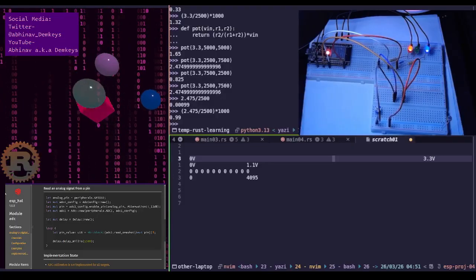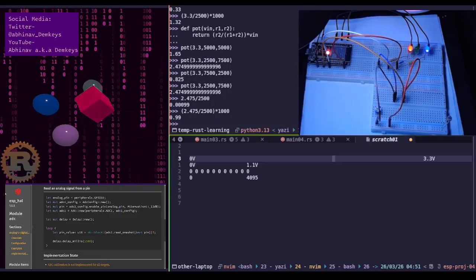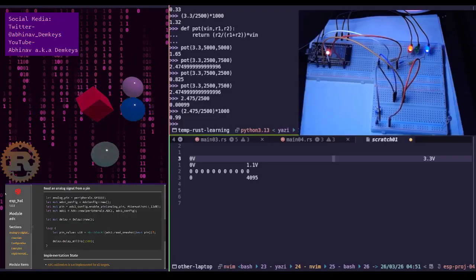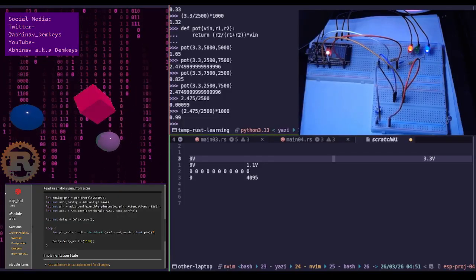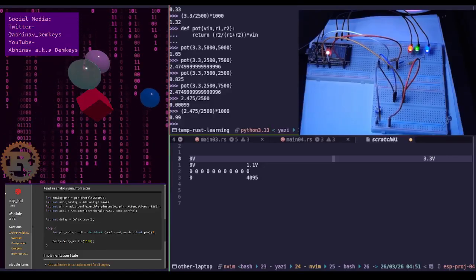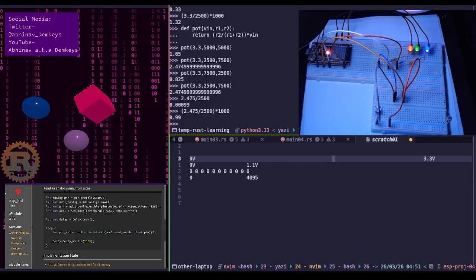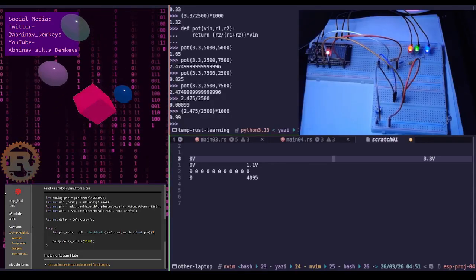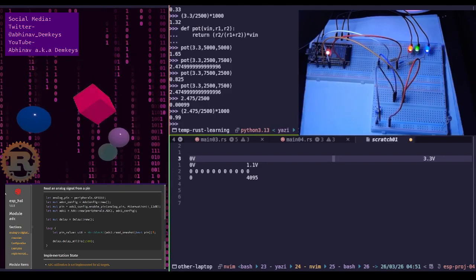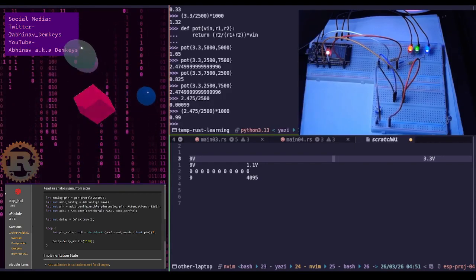The main path, which is through the pot, when you connect pin 1 to 3.3 volts and pin 3 to ground, you've created a constant path for the current. If you have a 10K ohm potentiometer, the current flowing from VCC to ground is 0.33 milliamps, okay? Because it's 3.3 volts divided by 10,000. Awesome.